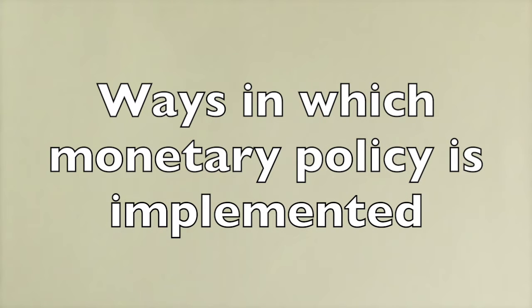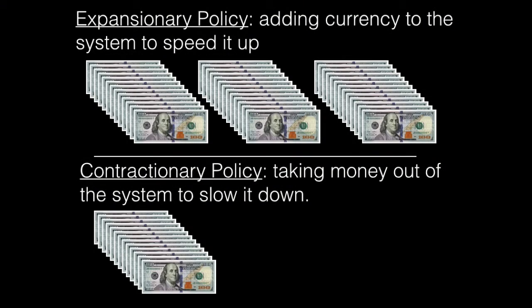So now I'm going to talk about different ways that monetary policy is actually implemented. Remember, monetary policy is the idea that if you add money to an economy, you can speed it up, and if you take money out, you can slow it down. Monetary policy is generally done by some type of central bank.